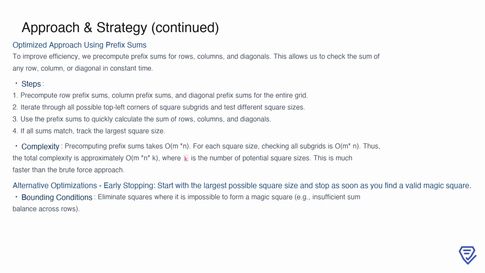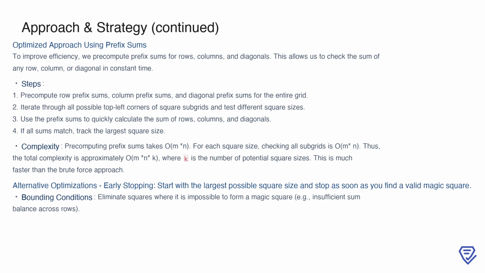To improve upon the brute force method, we can use an optimized approach based on prefix sums. The prefix sum technique enables us to calculate the sum of any row, column, or diagonal in constant time, eliminating the need to recalculate sums repeatedly. First, we pre-compute the prefix sums for all rows, columns, and diagonals across the entire grid. Then, we iterate through all potential top left corners of square subgrids and test different square sizes. Using the pre-computed prefix sums, we can quickly determine whether the row, column, and diagonal sums are equal for a given subgrid.